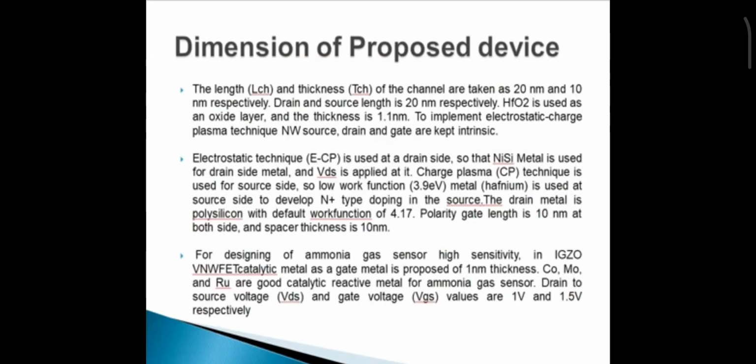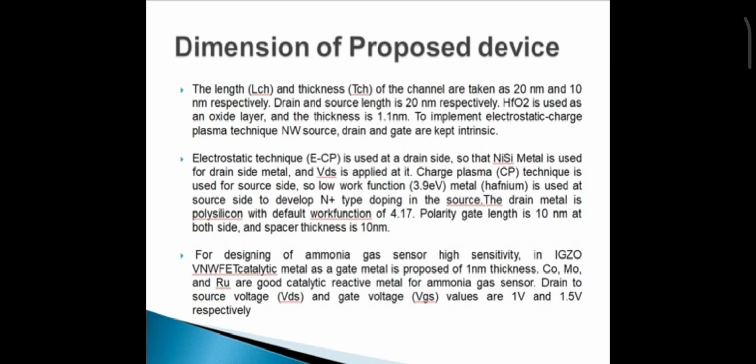The length and thickness of the channel are taken as 20 nanometer and 10 nanometer respectively. Drain and source length are 20 nanometer respectively. HfO2 is used as the oxide layer, and the thickness of the oxide layer is 1.1 nanometer. To implement the electrostatic charge plasma technique, the nanowire source, drain and gate are kept intrinsic.